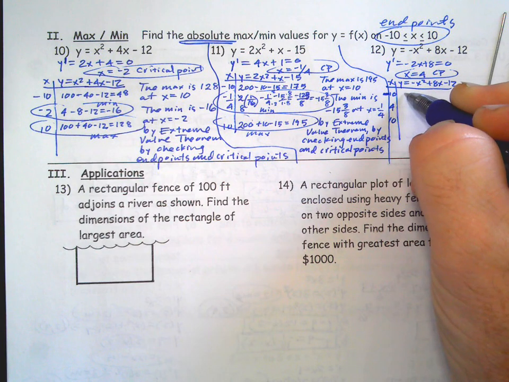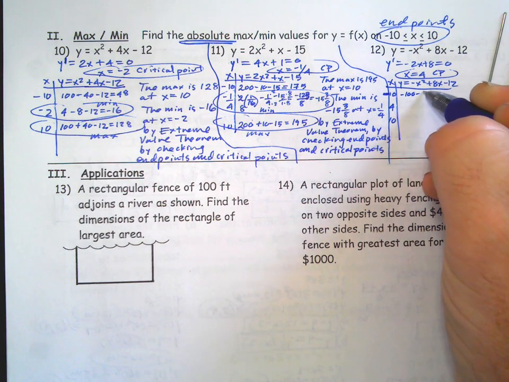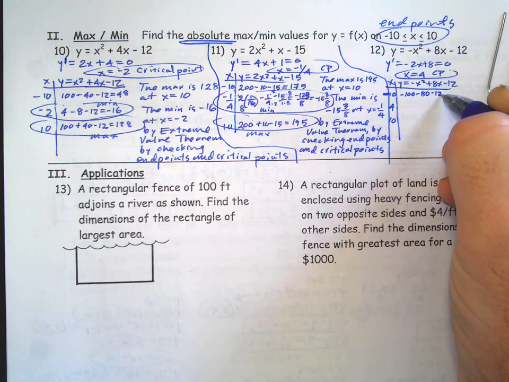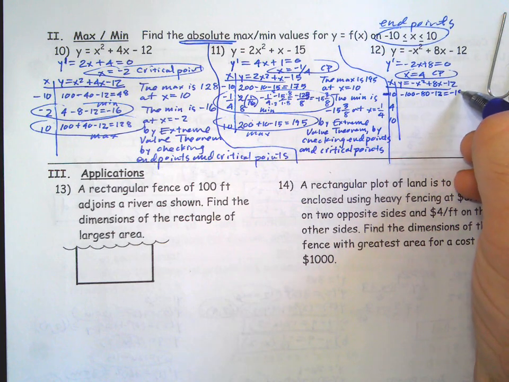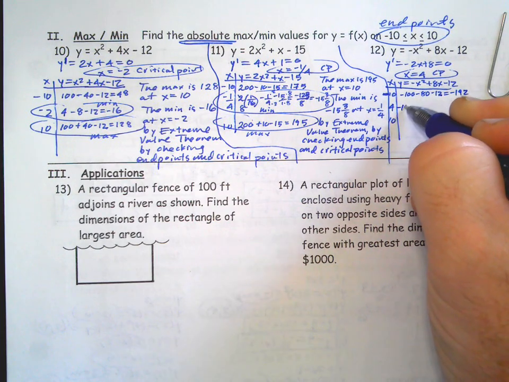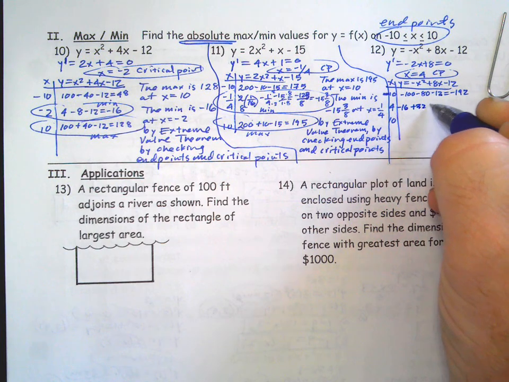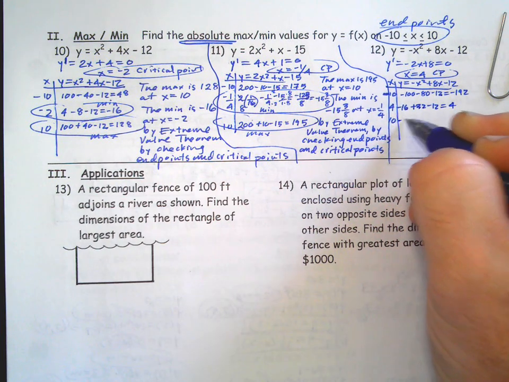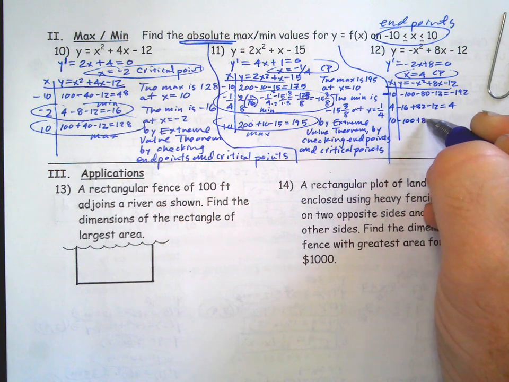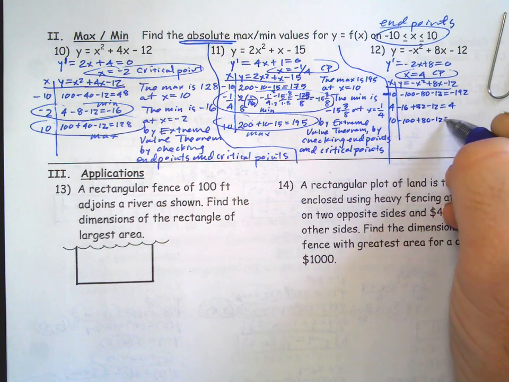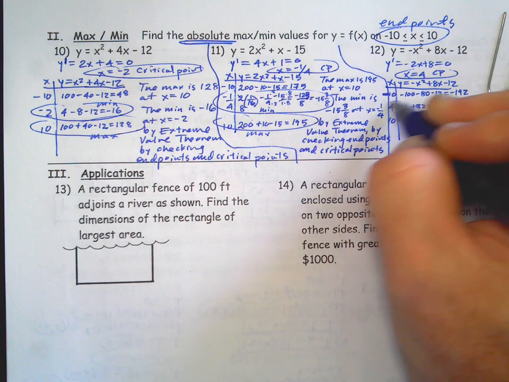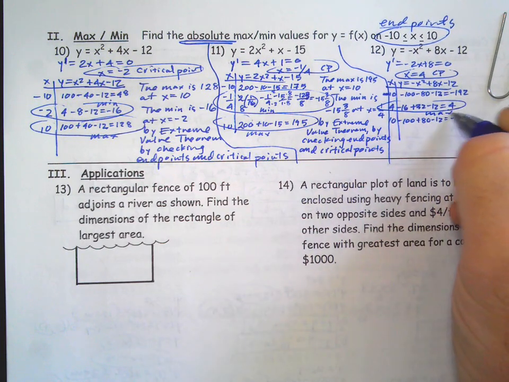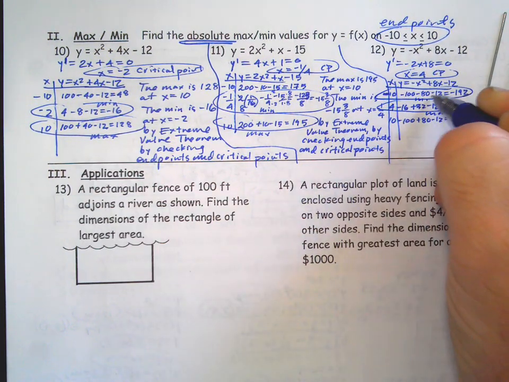So that's going to be negative 100 minus 80 minus 12, negative 192. Plug 4 in, it's going to be negative 16 plus 32 minus 12, which is 4. Plug 10 in, you get negative 100 plus 80 minus 12 is negative 32. So here's your max. Here's your min.